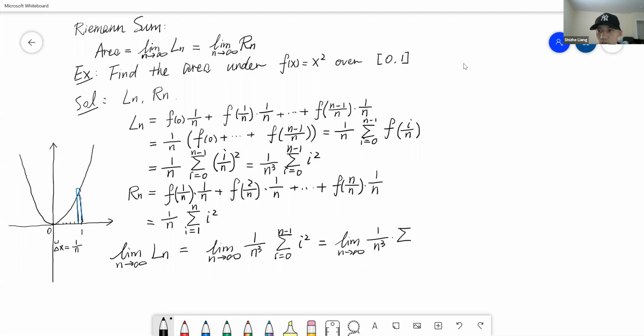So let's think about the first term of this sum. It starts with i being 0, but the first term is i squared, so it's also 0. So this is the same as the sum from i equals 1 to n minus 1 of i squared.